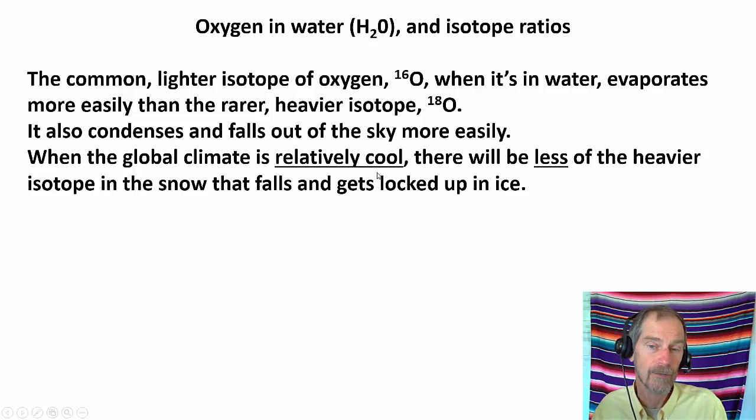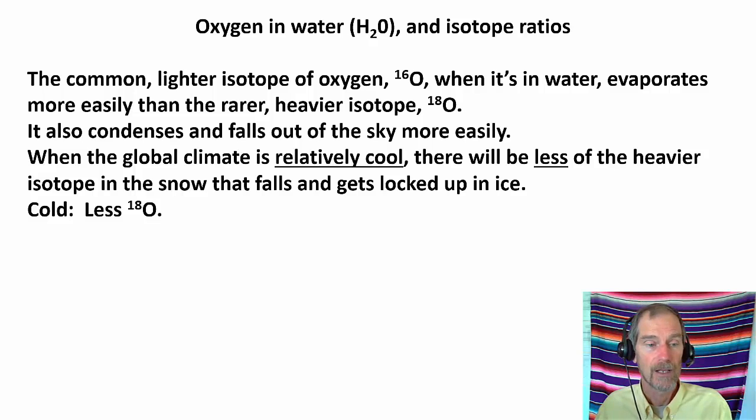When the global climate is cold, when we're in a glacial period, there will be less of the heavier isotope in the snow that falls and gets locked up because it never came out of the ocean. The heavier stuff, it's too hard for it to evaporate. It's too cold, not enough energy to get it out. So when it's cold, less O18 in ice.